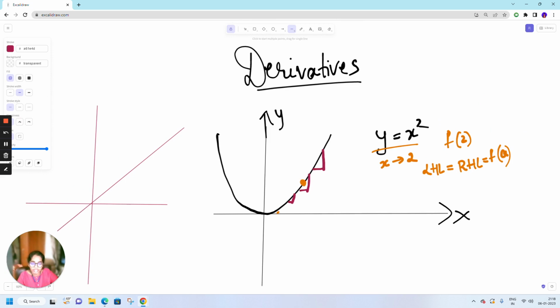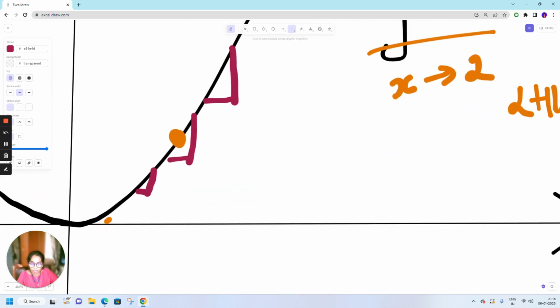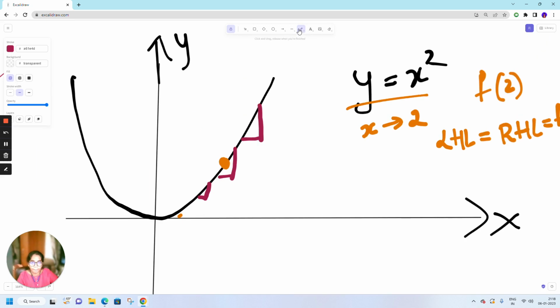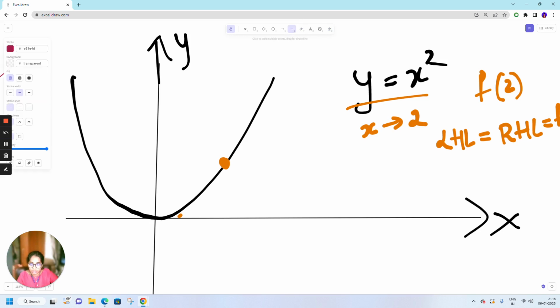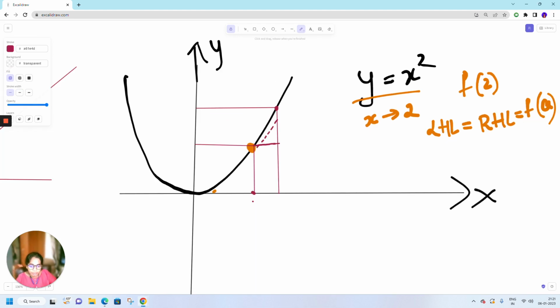What do you mean by this derivative? Let me take two points in the same graph. If this is my point A, then what would this other point be?